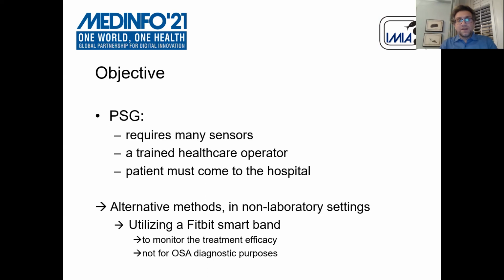Fitbit as a smart band can be a candidate to use for sleep staging, and we were thinking maybe it can help the physician to evaluate the patient's situation, so it can facilitate the evaluation of the OSA patient instead of the use of PSG in treatment efficiency.